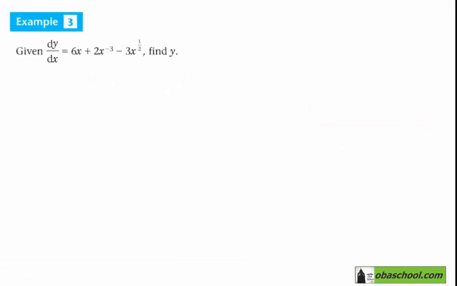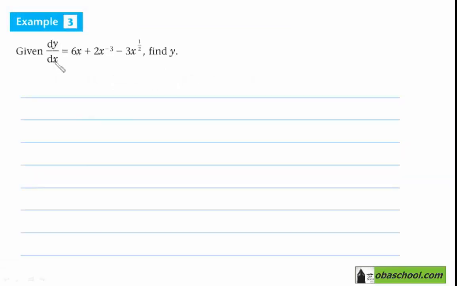Given again, we have dy by dx equal 6x plus 2x to the power minus 3 minus 3x to the power half, and we are asked to find y. We have different terms, and we know from these terms that there is a constant multiplied by x.